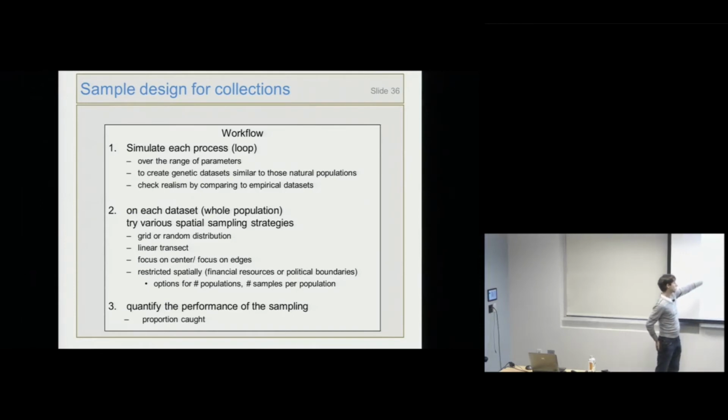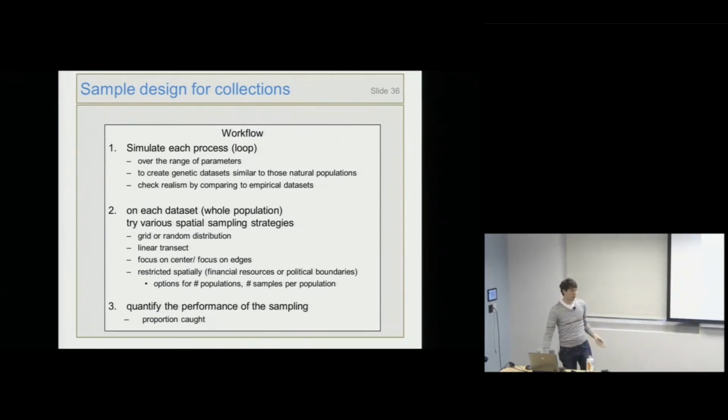Then, on each of these simulated data sets, which represent the species as a whole, take various numbers of samples with various spatial distributions and quantify the performance of each sampling strategy by whatever performance measure we decided on in the last slide. So like the first part of the talk, what we're going to end up with is the relative performance of a given sampling strategy in a given situation for a given species.